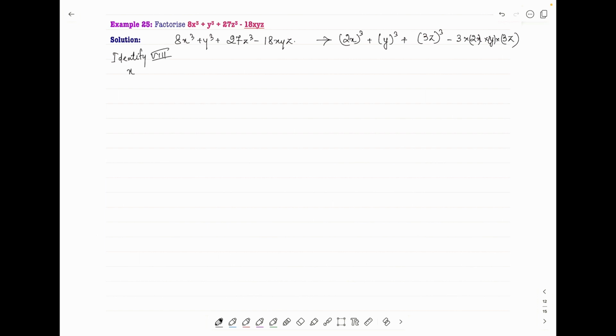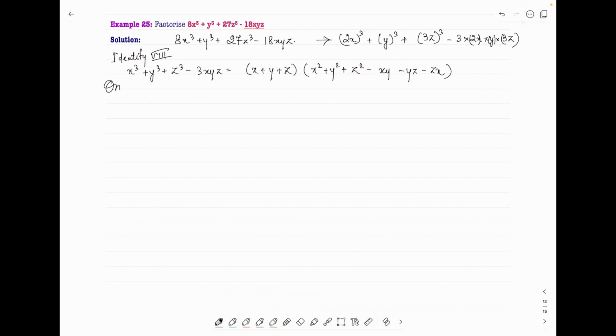What does it say? X cube plus y cube plus z cube minus 3xyz equals x plus y plus z into x square plus y square plus z square minus xy minus yz minus zx.